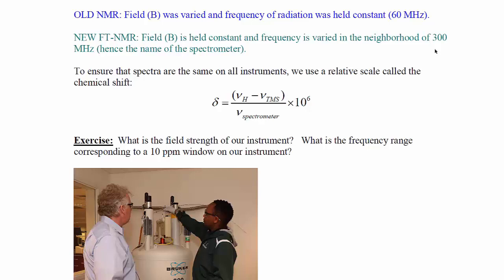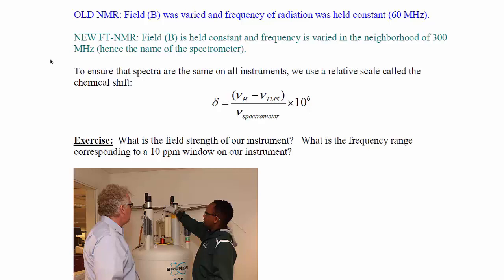So instruments are named in this field according to the resonance frequency of a naked proton. A proton without any electrons. So the frequency of the spectrometer, or the field strength of the instrument, is going to produce a slightly different position for the peaks.